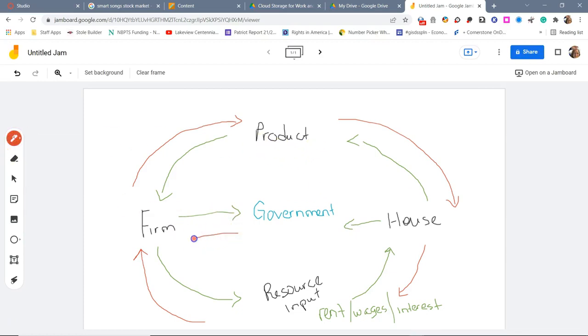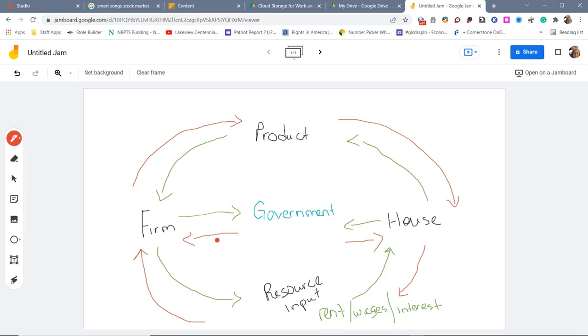They give subsidies to firms, and they give benefits like infrastructure and services, things that go to both of them actually. They produce something. Through our work, they produce services.